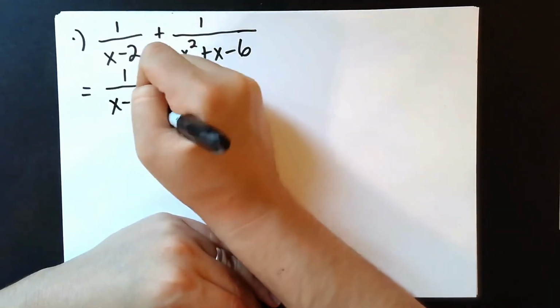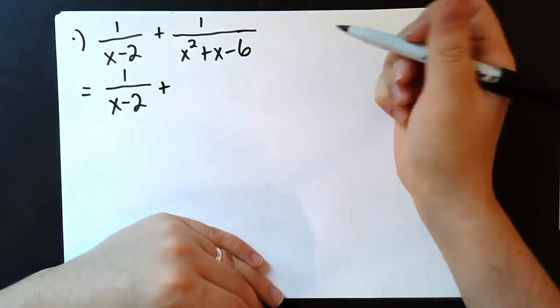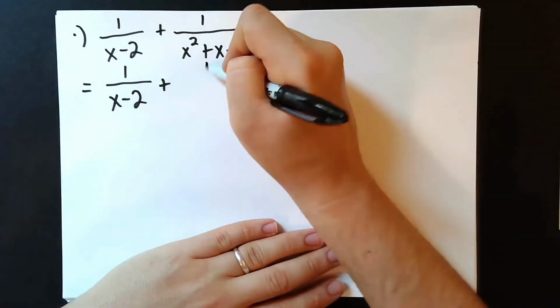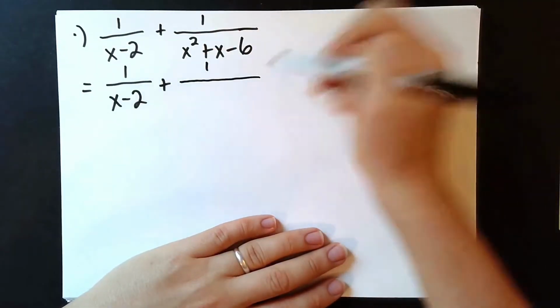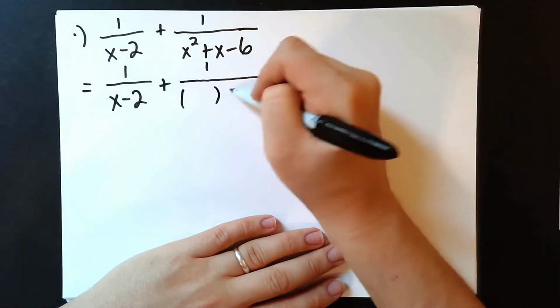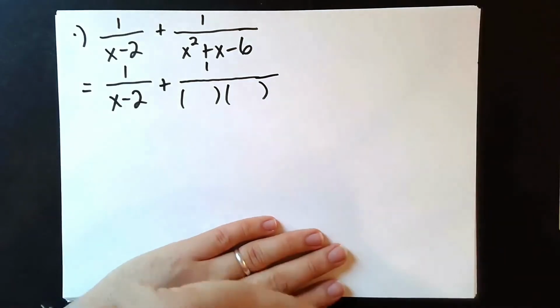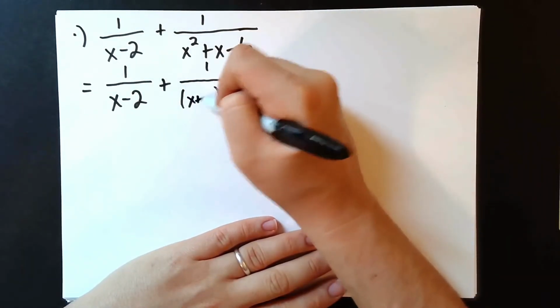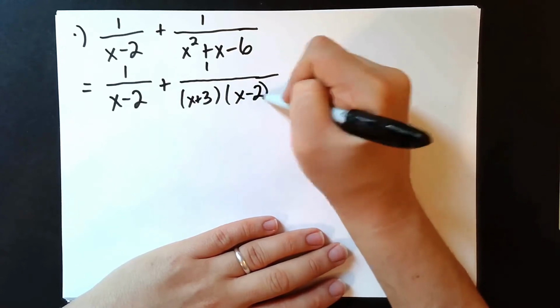Remember, as I said earlier, it's always nicer to have denominators factored when possible. So before I do anything involving adding the fractions, I might well want to factor this denominator. And if I do that, I'll see that this denominator factors as x plus 3 times x minus 2.